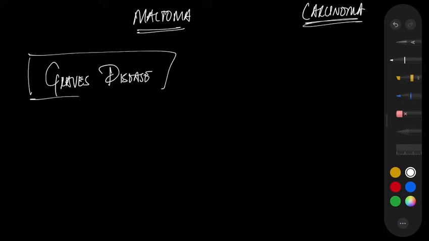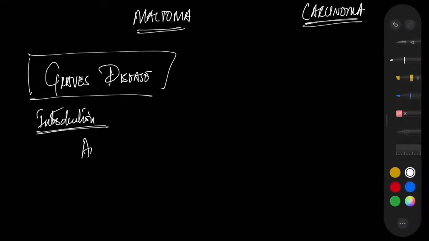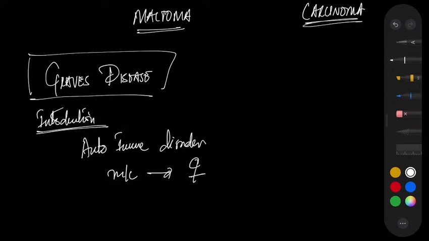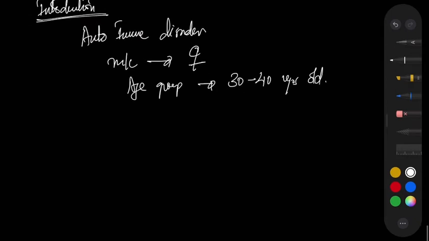What is Graves' disease? Graves' disease too is an autoimmune disorder, more common in women, usually occurring in the age group of 30 to 40 years old.